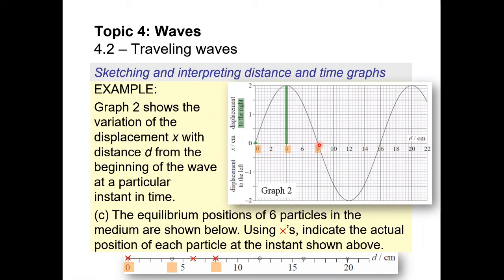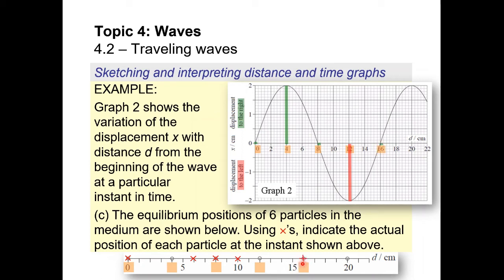Now let's move on to 12. That is a displacement to the left, 1, 2. Cross that. Let's move on to 16. No displacement, so we're going to cross that.